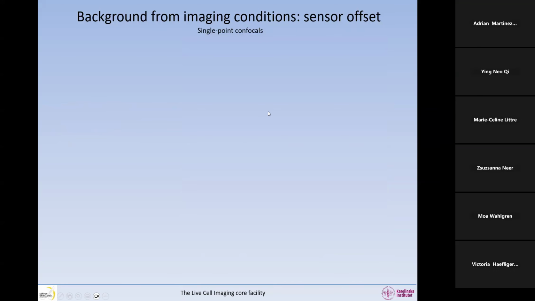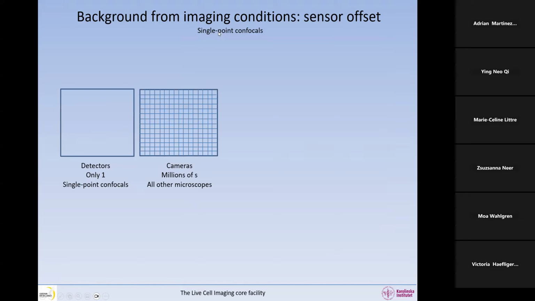If we think about the background from imaging conditions, it can also be the sensor offset. So we're talking now about single point confocal. And let's have a look. In single point confocal we have detectors, and otherwise we have cameras.